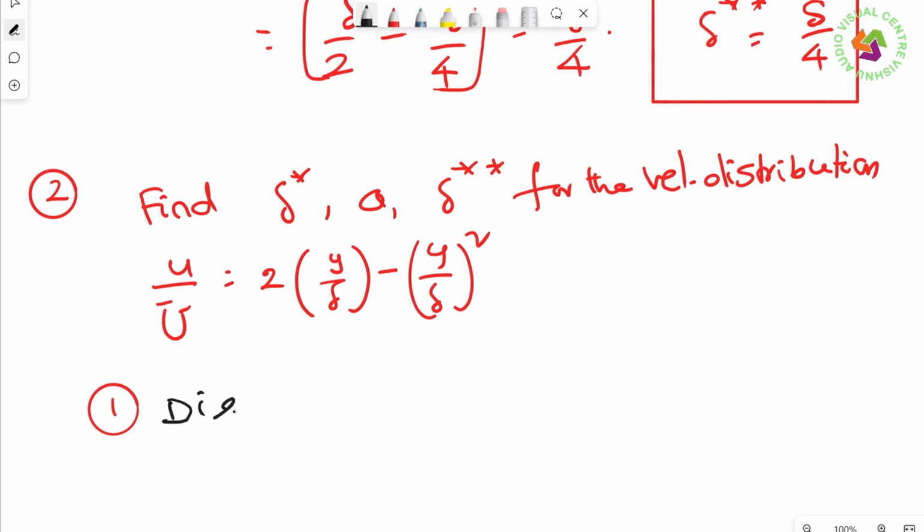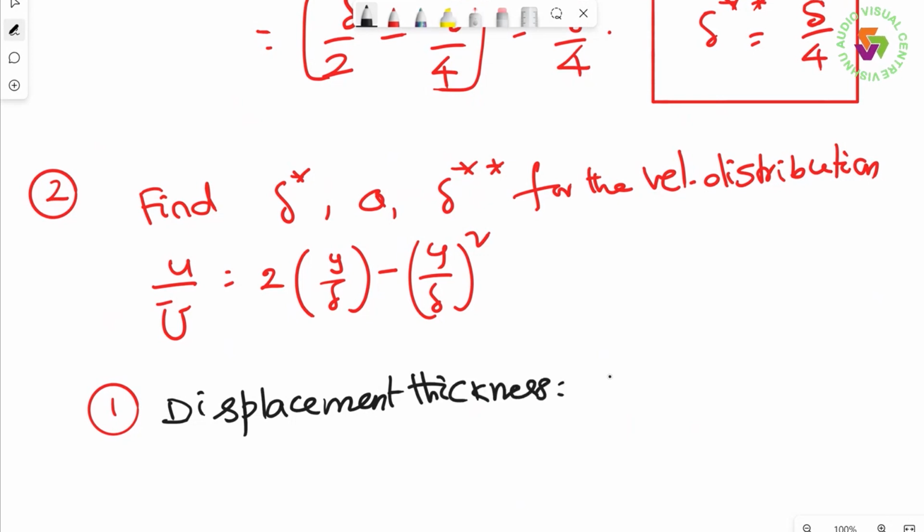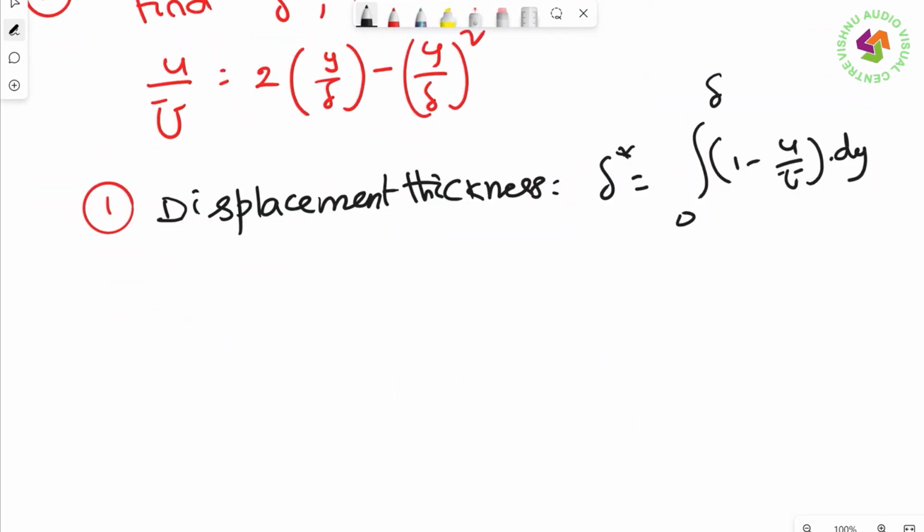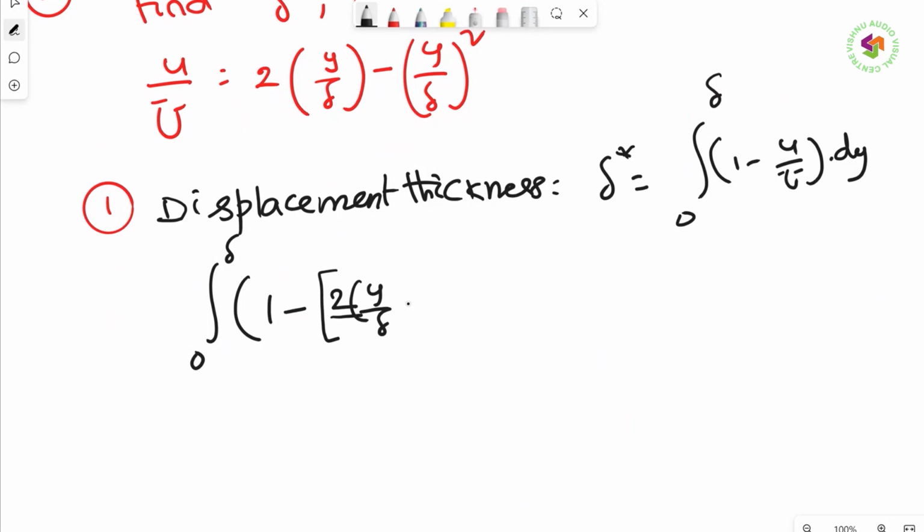the displacement thickness. Displacement thickness delta star is equal to the integral from 0 to delta of 1 minus u by U into dy. Therefore, the integral from 0 to delta of 1 minus 2 into y by delta minus y by delta whole square into dy.